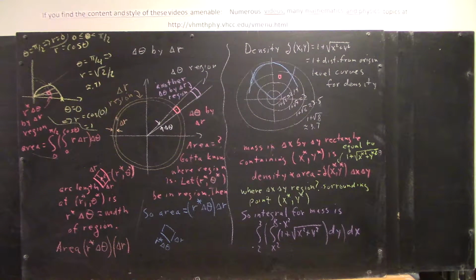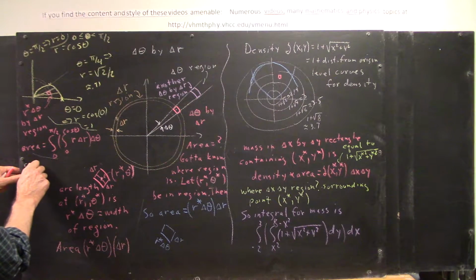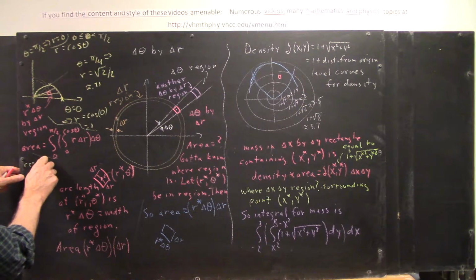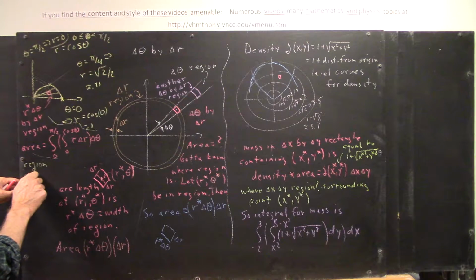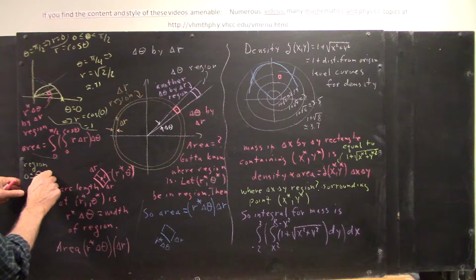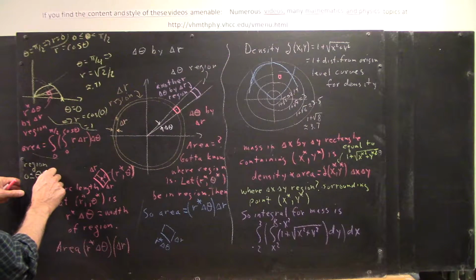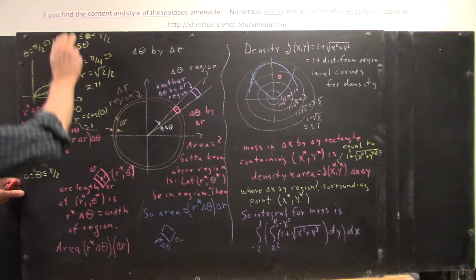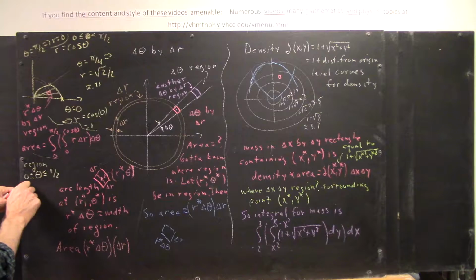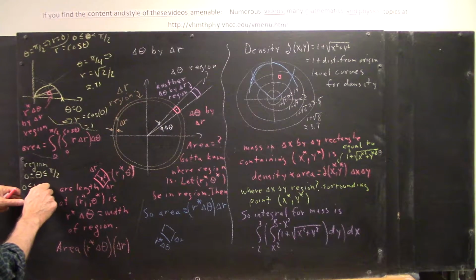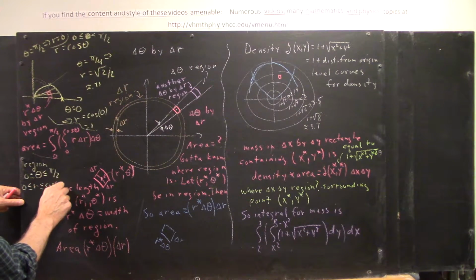conclusion. Our integral is going to be described, well, first we describe our region by 0 less than or equal to theta less than or equal to pi over 2, as we say here, and 0 less than or equal to r less than or equal to cosine theta.